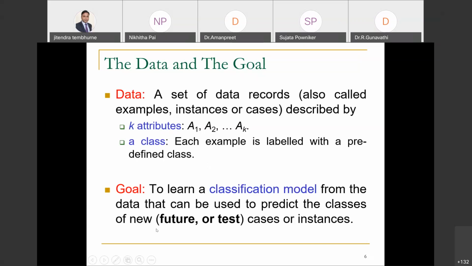There will be data, and that data will be fed to the classification model, and what that model will do is predict the classes of new cases or instances. So whatever new instance we get, if I feed that instance to the classification model, the job of the classification model is to predict whether it will be class C or whatever it will be.